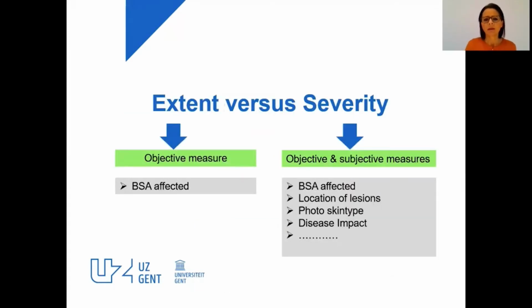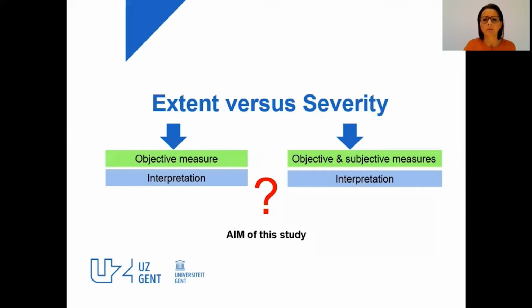For extent, this is probably easier because this is an objective measure, including the body surface area affected. However, for severity, this is more complicated, as this can also include objective and subjective items. For instance, in addition to the body surface area affected, also the location of the lesions, the photo skin type, or the disease impact.